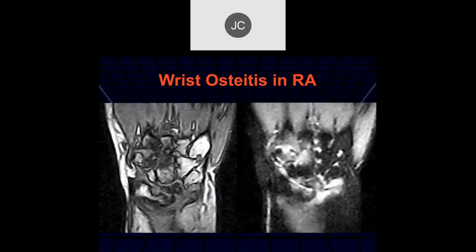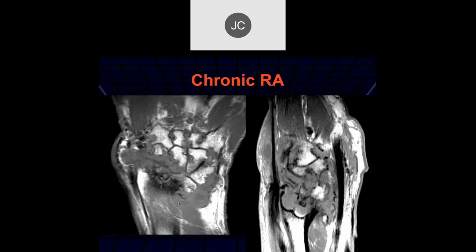Here are other low-field scans, gradient echo T1 and STIR sequence. Here we can see extensive osteitis, destruction of the articular surfaces within the wrist, both the radiocarpal as well as the intercarpal and carpometacarpal joints. It's very typical of rheumatoid arthritis. Here's a more chronic stage of rheumatoid arthritis.